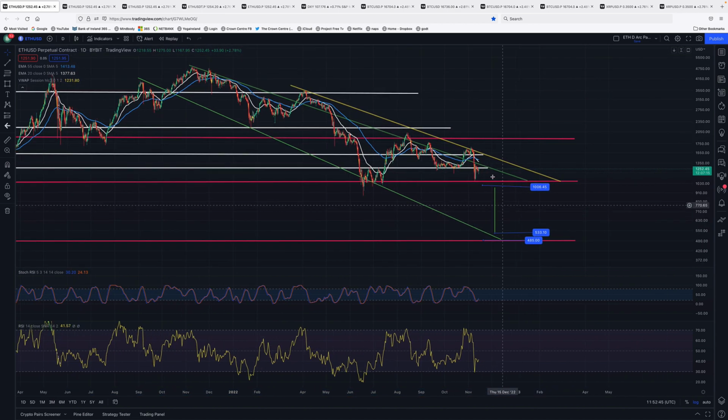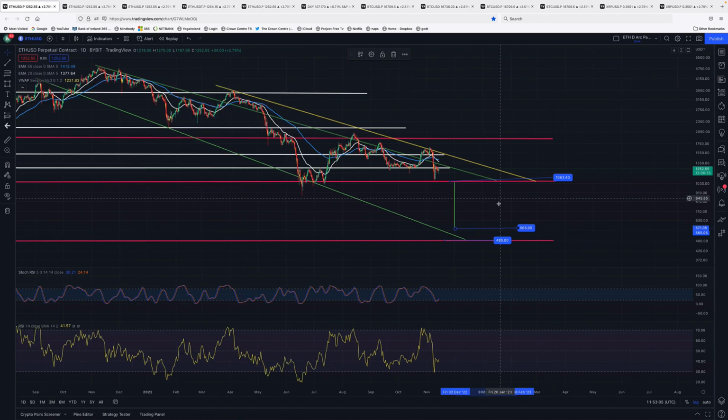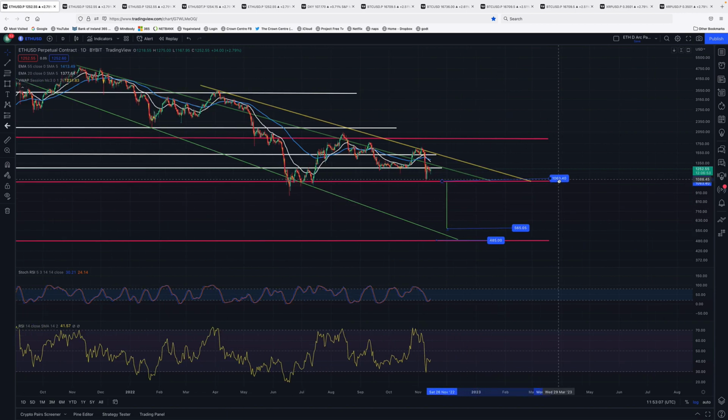So here I want to bring this level a little bit closer. I'll adjust it and I'll leave it here. And I'll put a marker to this, and we'll follow it when we get there. We'll cross that bridge when we get there. We still have the 1060 level to break, which I believe will happen.